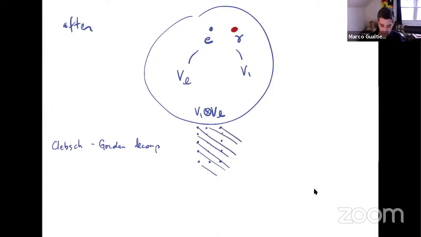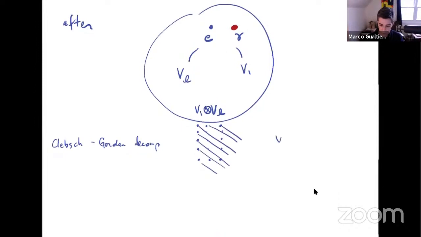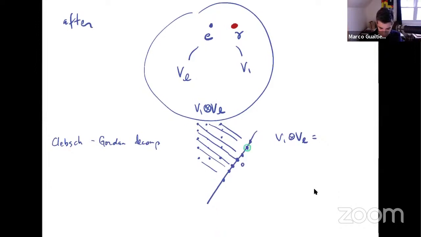So this V1 tensor VL is the sum of, well, the highest weight, let me draw it here. This is going to be 0. Whereas this one will appear twice, this one will appear twice, this one will appear 3 times, and notice that 3 is the maximum.